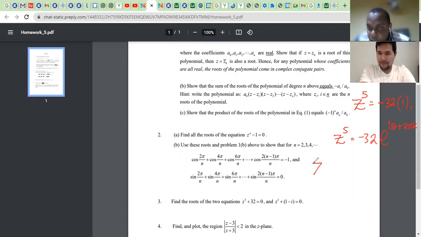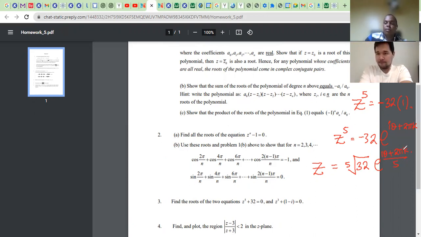So if you take the fifth root, it's going to be the fifth root of -32 e^(i(θ + 2πk)/5). But now k is going to run all the way from 0, 1, 2, 3, 4, right?